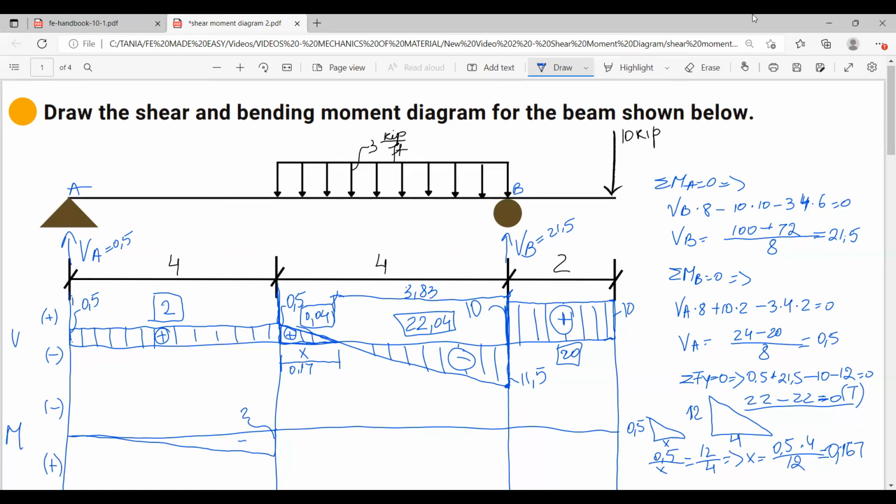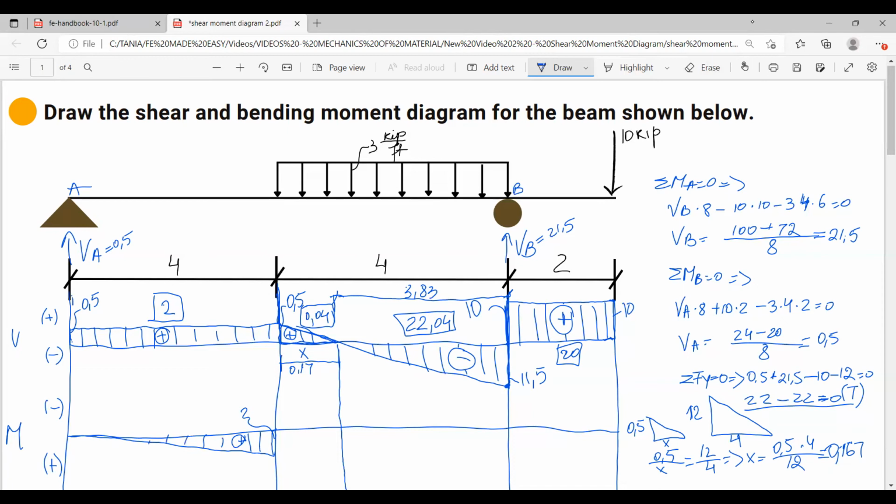Okay, and this is positive. All right, from here, remember when the shear diagram intersects like that, you must draw a line because in the bending moment diagram, you're going to have a minimum or a maximum.